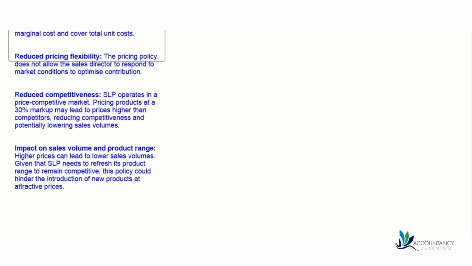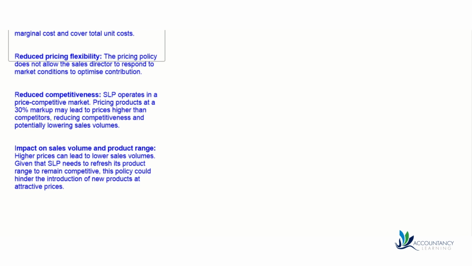So point 4 looks at the impact on sales volume and product range. As it says, the higher price can lead to lower sales volume. Given that SLP needs to refresh its product range to remain competitive, the policy could hinder the introduction of new products at attractive prices.